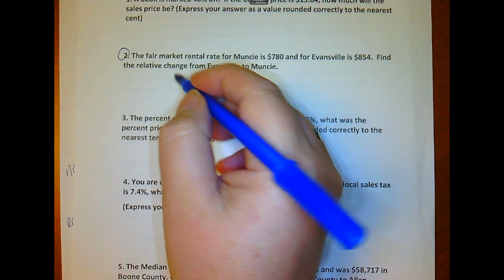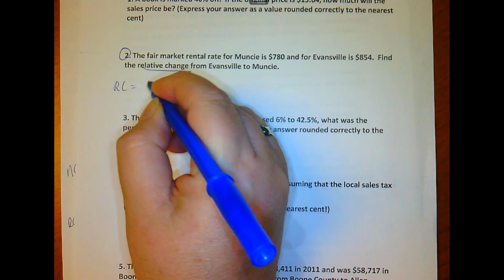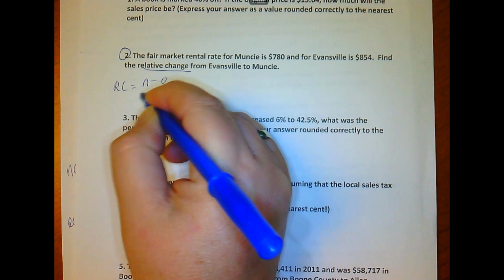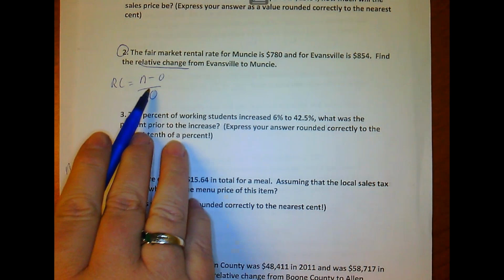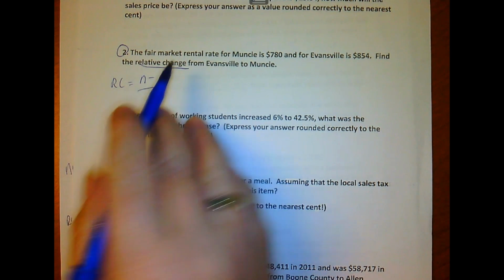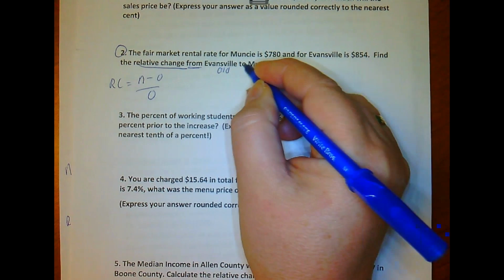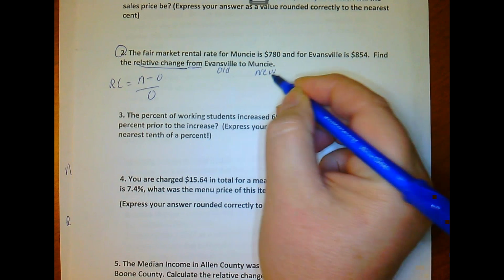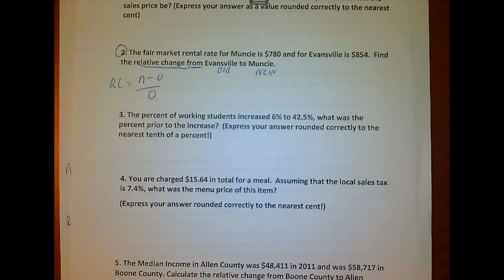Number 2. Let's see if you can do the relative change now. New minus old divided by old. And it pays to mark new and old. Remember, from is your old, to is your new. Go and label which is new and old, and then fill it in.